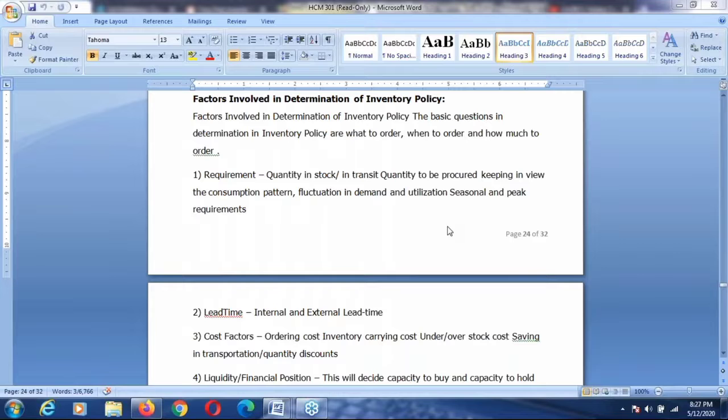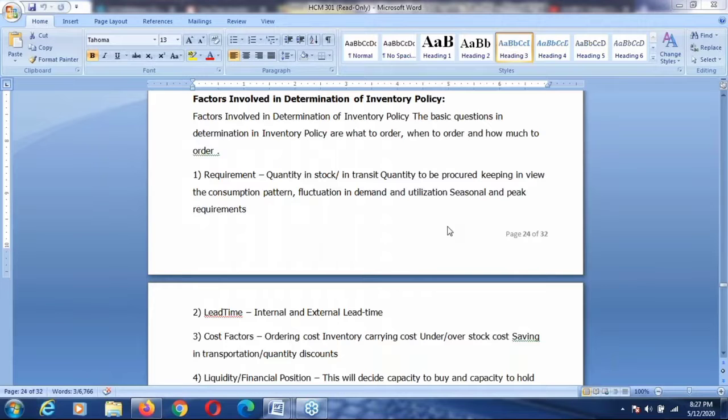Now we are talking about the factors that must be involved in determining inventory policy. When you are bringing up a policy, there are some factors that must be involved. These factors are, number 1, requirements: what you need to put this policy in place.